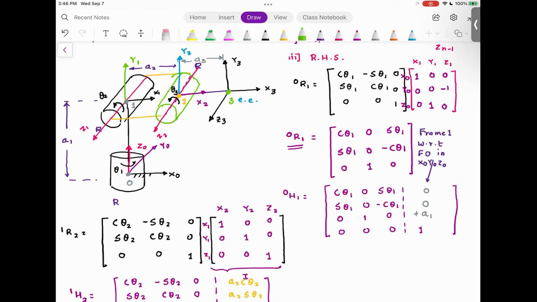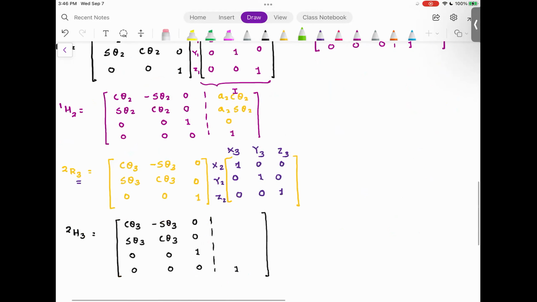And this distance has to be valid for all possible values of theta 3. Do you agree with me? What is the x distance? This is the x, this is the y, this is the z. Can someone tell me? a3 cosine theta 3, a3 sine theta 3, and 0. Are you with me?